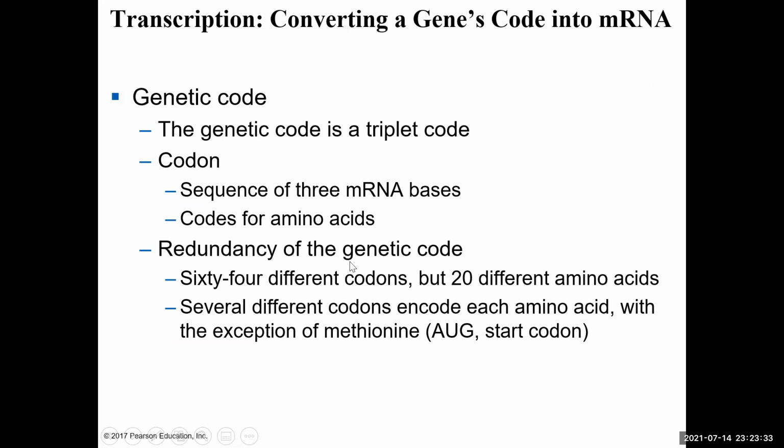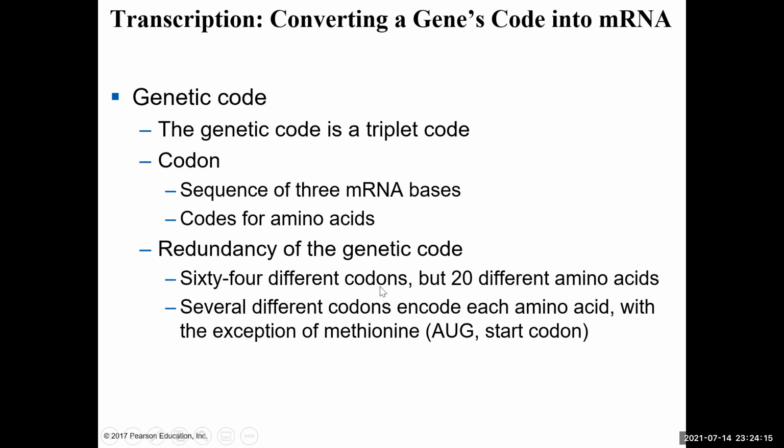Now there's redundancy in the genetic code, because out of the 4 possible bases for 3 positions, that's 64 different possibilities, so 64 different codons, but we only have 20 different amino acids. That means there are several codons that code for the same amino acid. That's important because if you have a mutation, it could still code for the same amino acid and not really cause any changes in the protein.